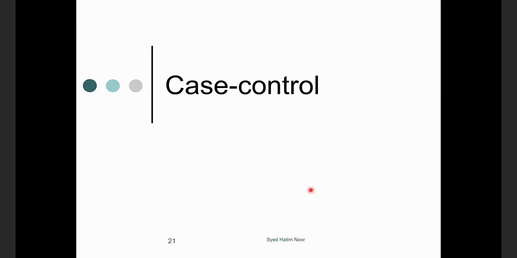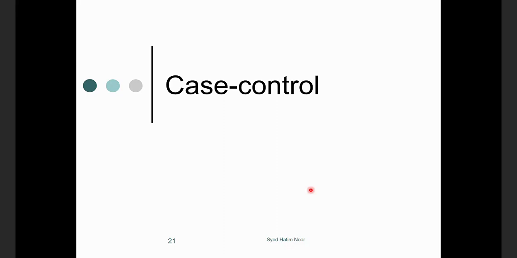H1N1 may be rare nowadays, not many cases, but in 2010 when H1N1 cases went up, it became common.